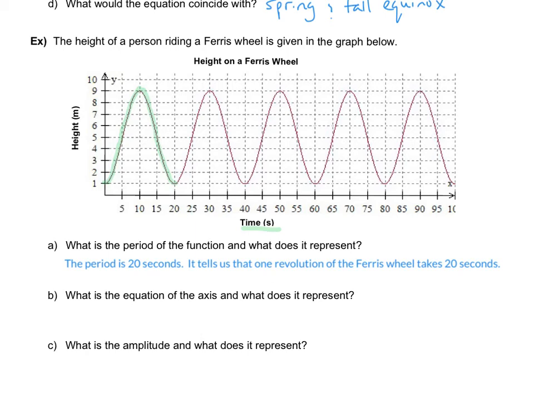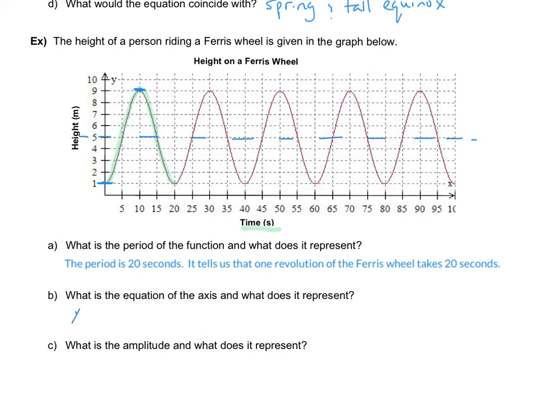What is the equation of the axis and what does it represent? So it looks like we have a maximum of 9 meters. Maximum height is here at 9, and the minimum is down here at 1, and that's so that you don't hit your feet on the ground or bang the ground on the way around. So you've got to have a little clearance there. So that means halfway between 1 and 9: 1 plus 9 is 10, divided by 2 is 5. So our axis of the curve would be y equals 5.